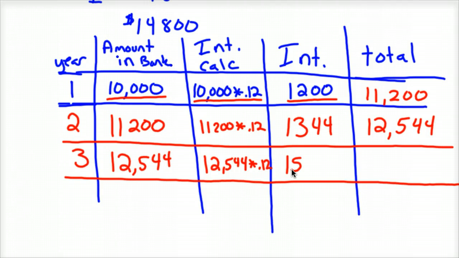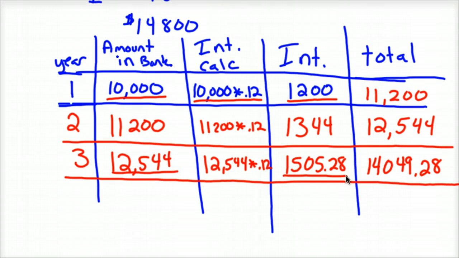It's $1,505.28. So at the end of that third year, our new bank statement says we have $14,049.28. If you're not sure how I'm getting that number, I'm adding 12,544 plus the interest we had earned on that account for a year.